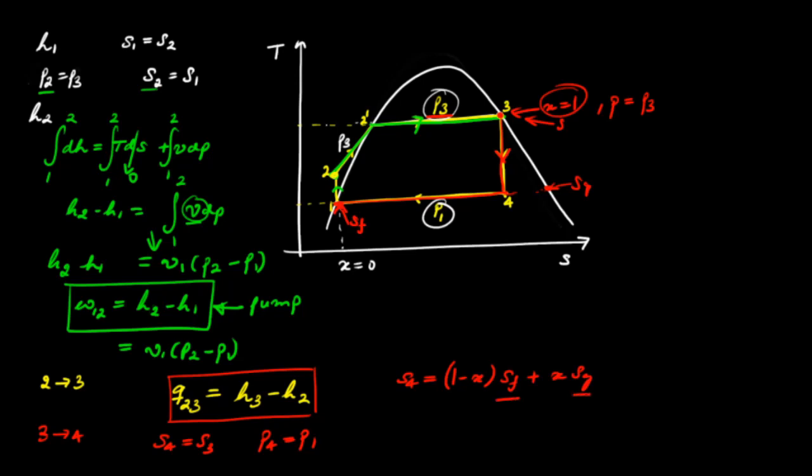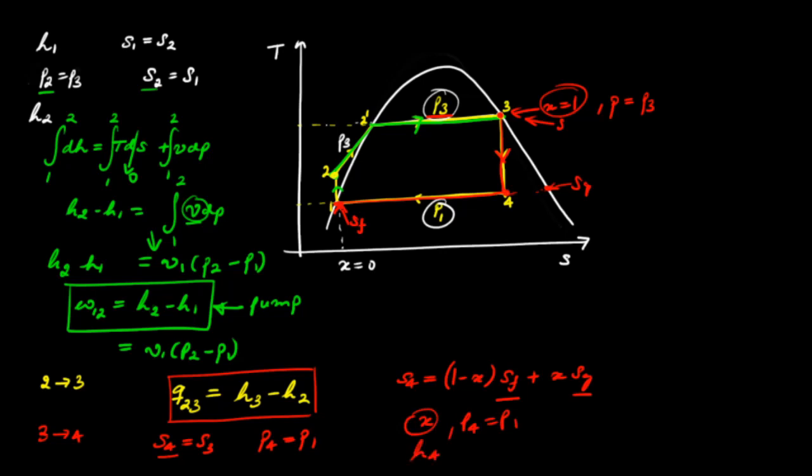We know SF and SG because we know the pressure P1, and knowing that S4 is equal to S3, we calculate this quality X. Once quality is known and we know the pressure P4 is equal to P1, we can determine the enthalpy at the exit conditions.